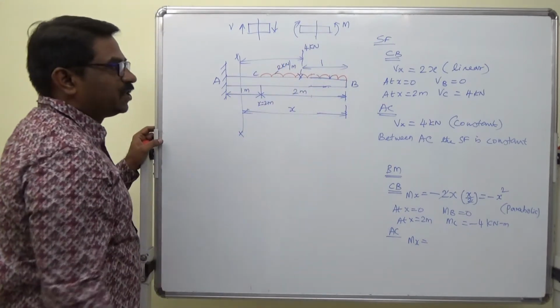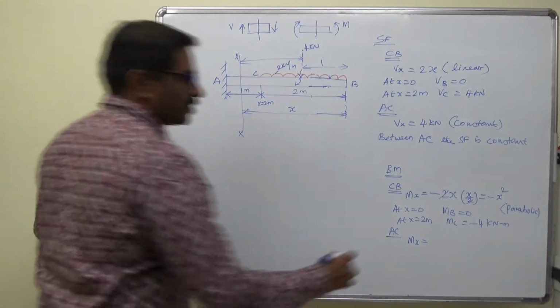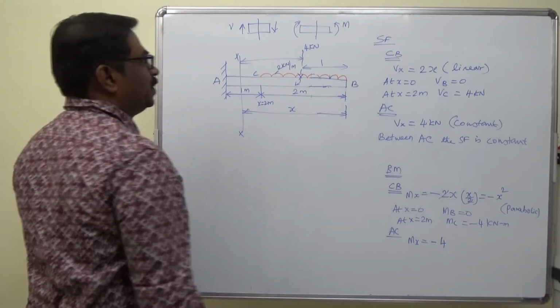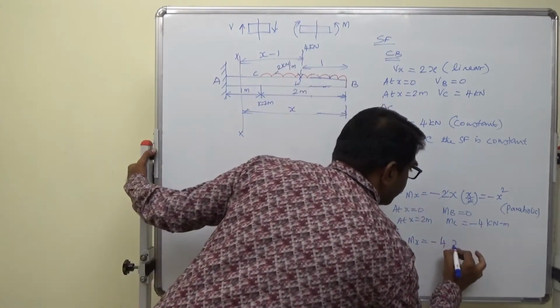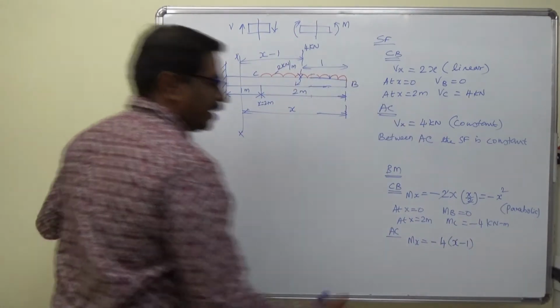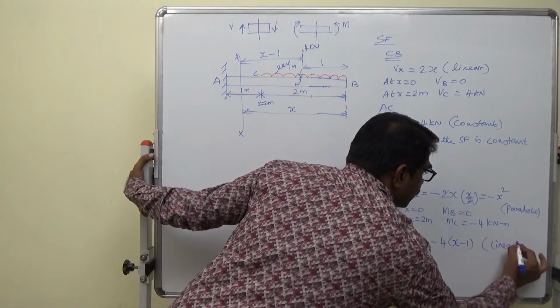So force into perpendicular distance, clockwise moment, so it's going to be negative 4 into this distance, x minus 1, and it's a linear function.